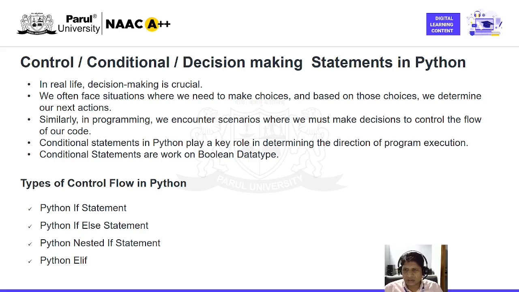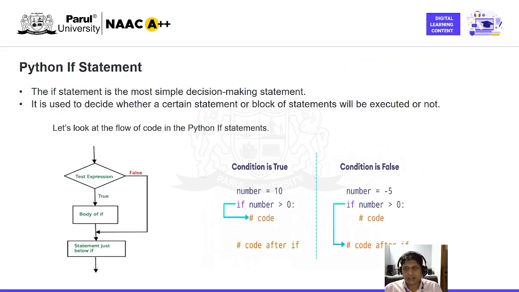Different types of flow control statements in Python. Number one, if statement. Second, if else statement. Next, nested if statement and elif statement. Now we will discuss one by one in detail.